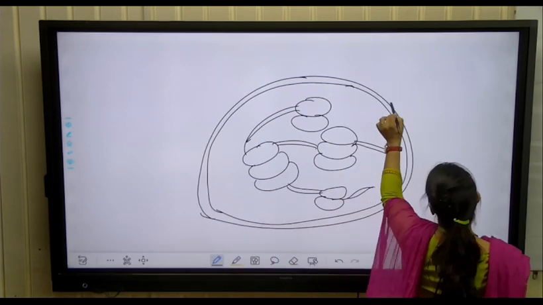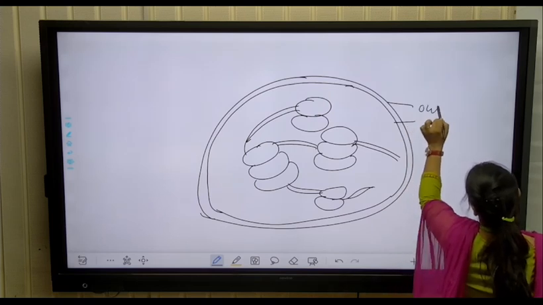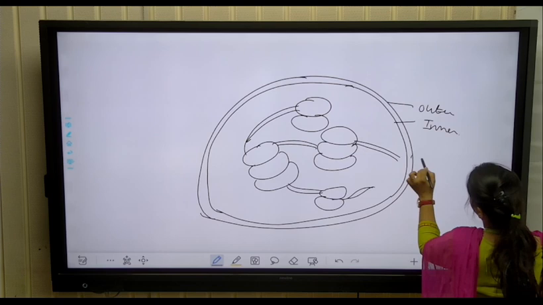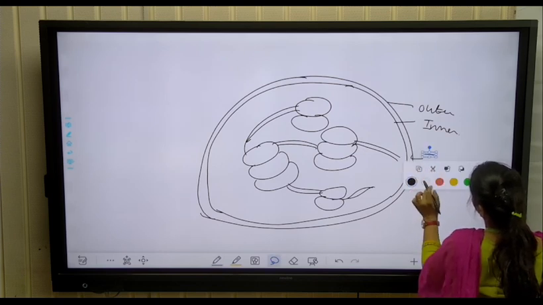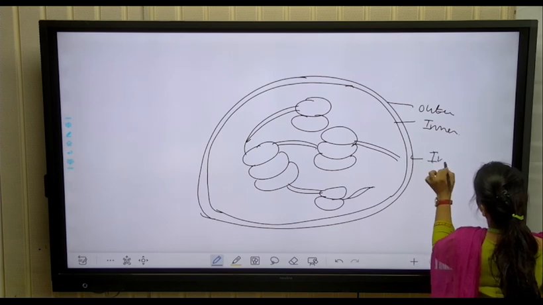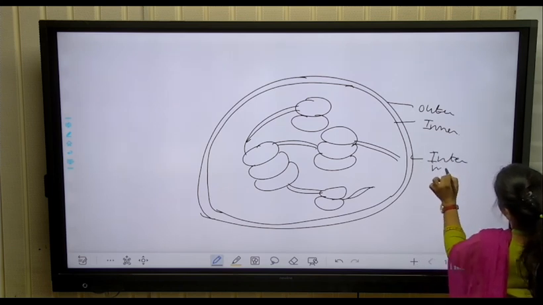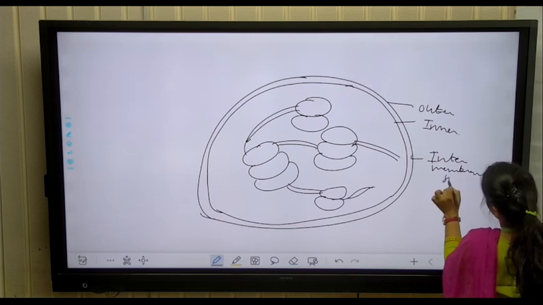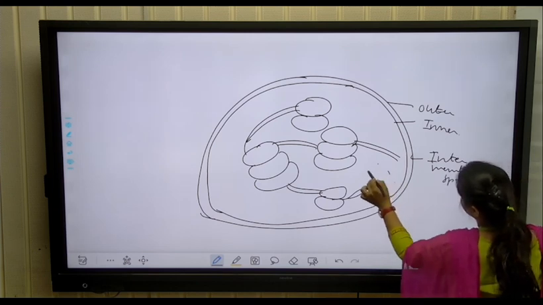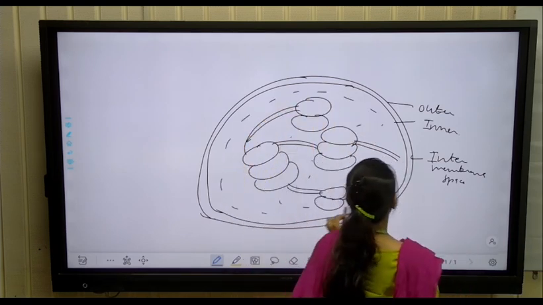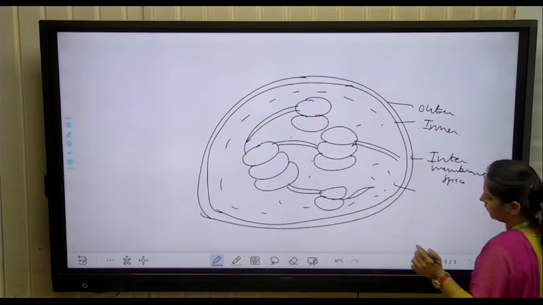First, two membranes, outer and inner membrane, and this is the intermembrane space. And this liquid which is filled inside the chloroplast is like the cytoplasm of a cell.